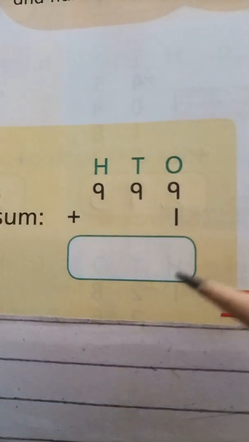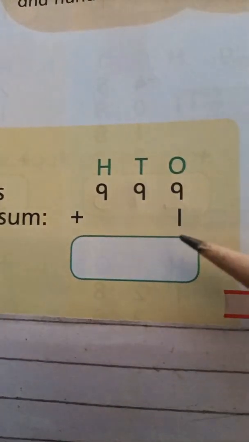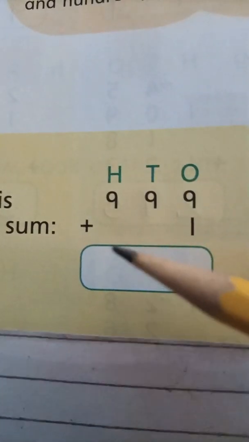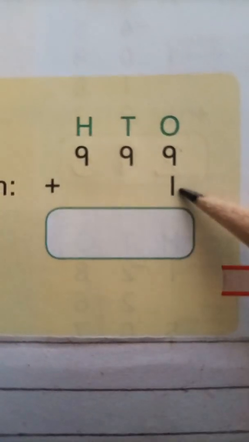Look students, we will follow the same process of addition, starting from the ones and then a carry to the tens and from the tens to the hundreds. Let's try to solve it from the ones side. When we add the number 9 and the 1, our answer is 10.